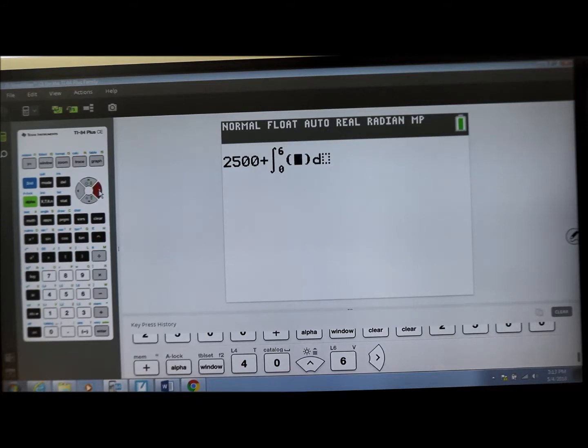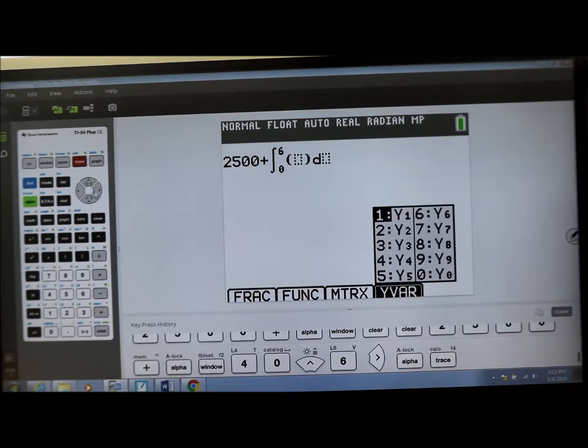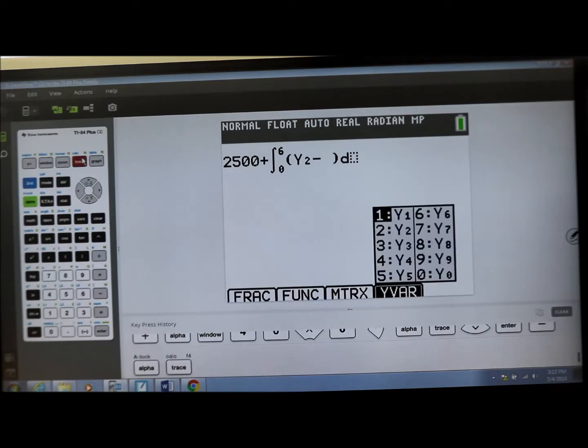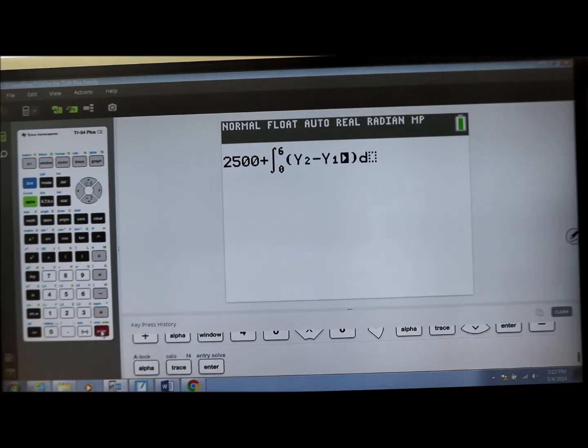We decided that y2 was the function I want, so alpha trace, you can tell the calculator you want the function in y2, minus alpha trace y1, and I'm taking the integral with respect to x. Drum roll, please.